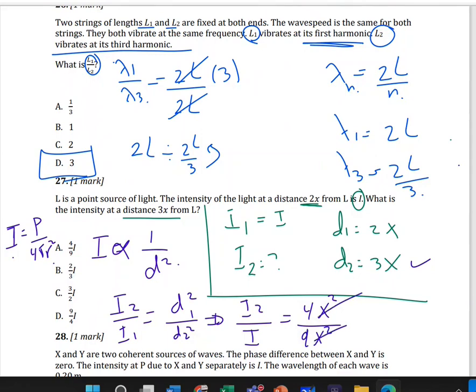So I2 over I will be 4 over 9. So I2 is 4 over 9 I.